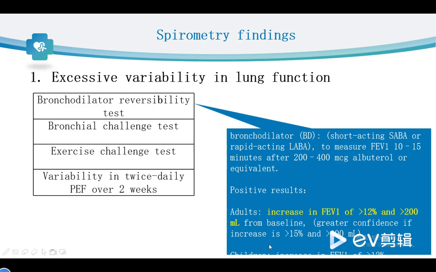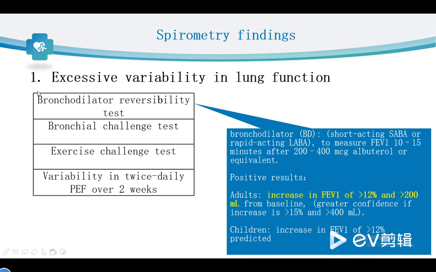And next one is the spirometry findings. It's the most important examination for the asthma patient regarding the diagnostic criteria of asthma. The first one is to measure the excessive variability in lung function.